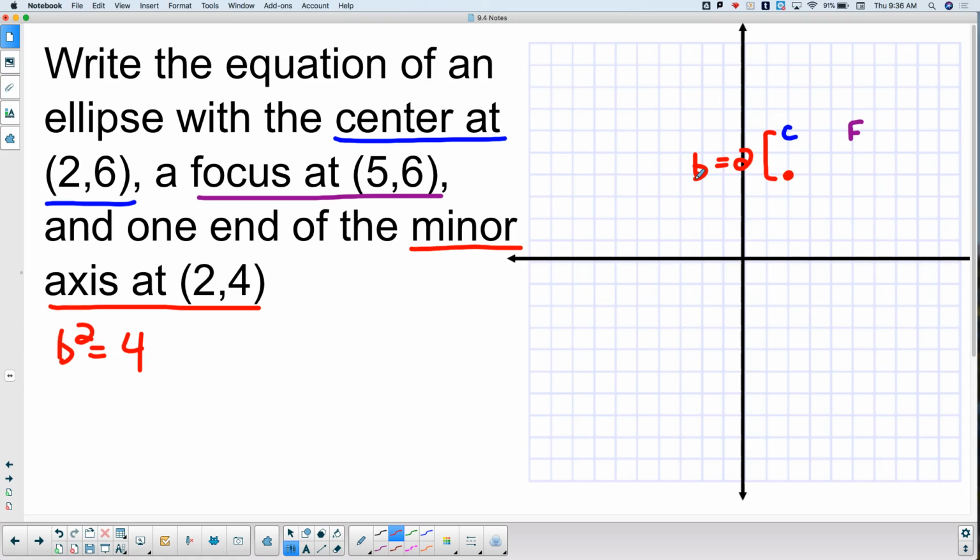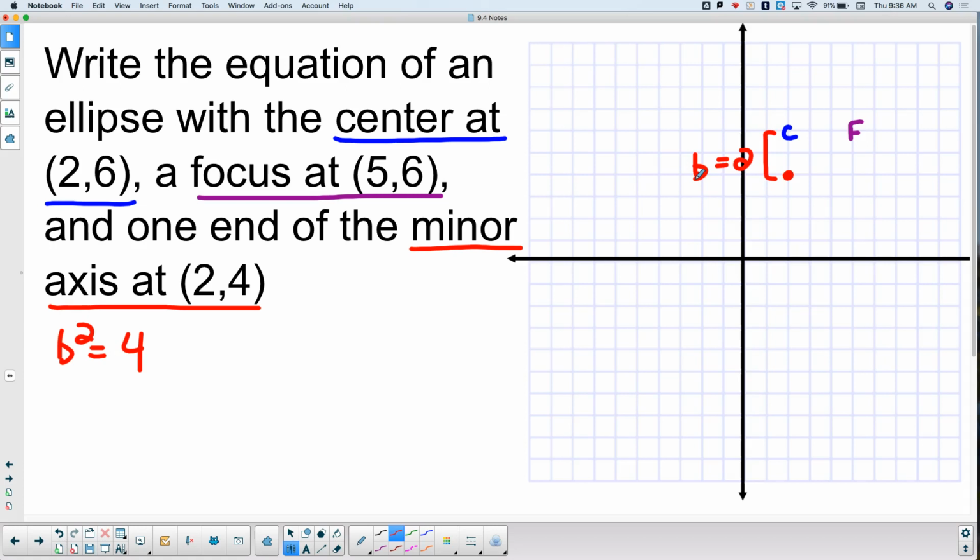A squared is not 9. What else do I know? You can figure out c squared. What is c squared?